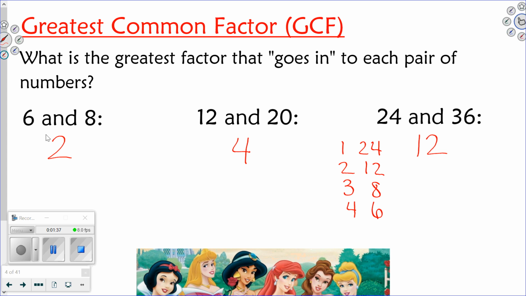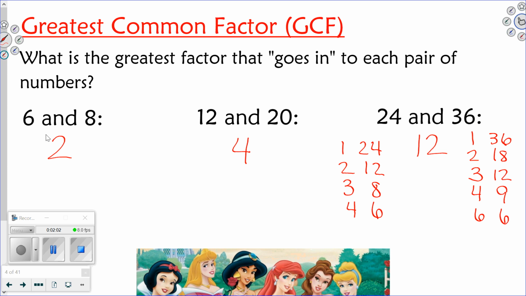Do you see how I have a nice ordered list? Keep an ordered list, okay? Then if I look at 36, 1 and 36, 2 and 18, 3 and 12, 4 and 9, 6 and 6. Now I know I'm done with my list because my numbers circle back the other way, right? Do you see how they just go in order?